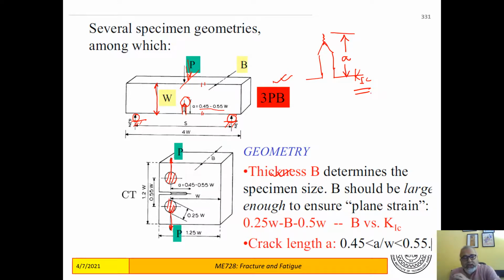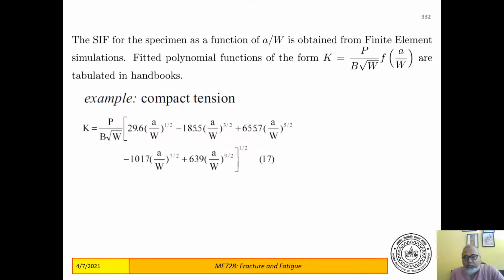Okay, so this is how a specimen is prepared, and then you have the handbook formulas. If you remember, we had the formula for the compact tension specimen.